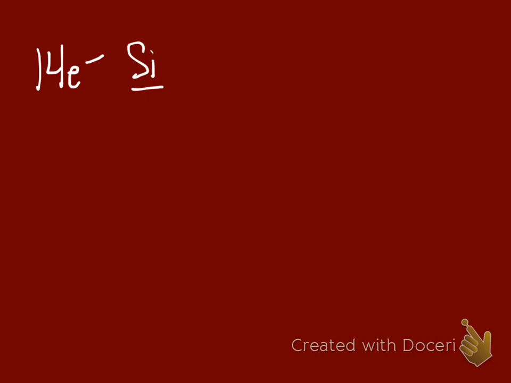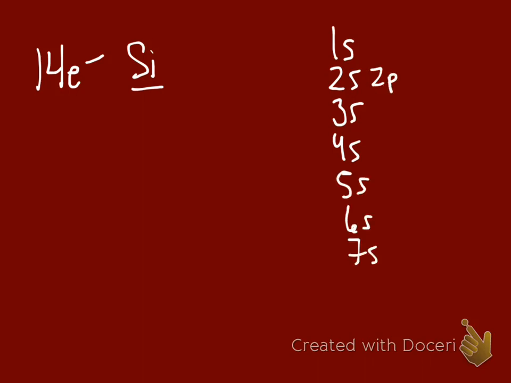So we're going to draw, the first thing you should do whenever you're doing these is to reproduce this little thing, because doing so tells you where the electrons are going to go.